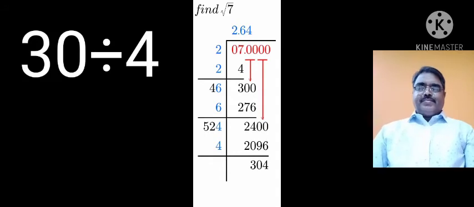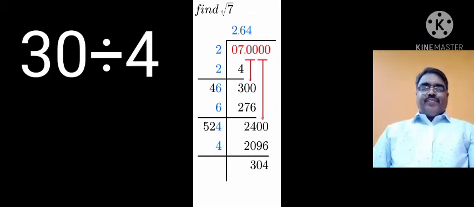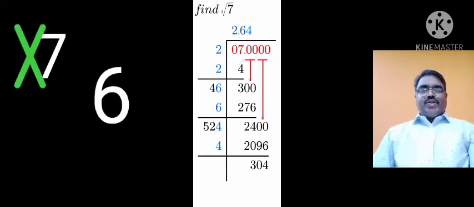Insert here the ones place. To know that, divide 30 by 4. 4 6s are 24. 4 7s are 28.